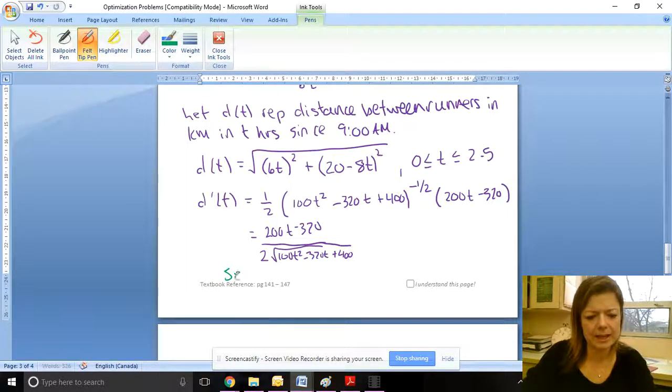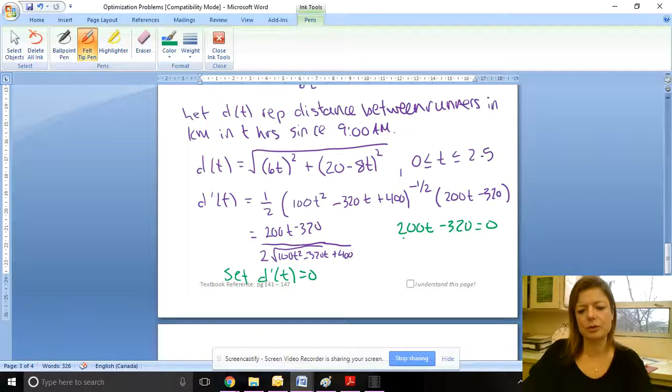So we set d prime of t equal to 0. That is just 200t minus 320 equals 0, because you could put the denominator there if you wanted, but then you just cross multiply and it goes away. So you just get t equals 1.6.